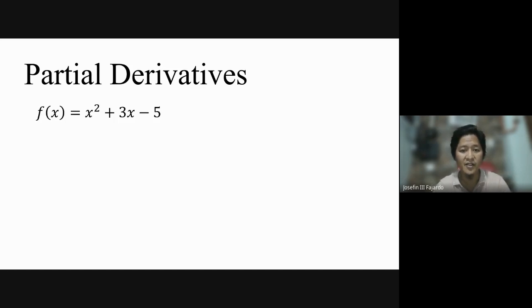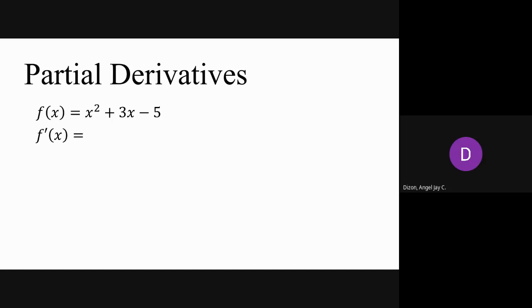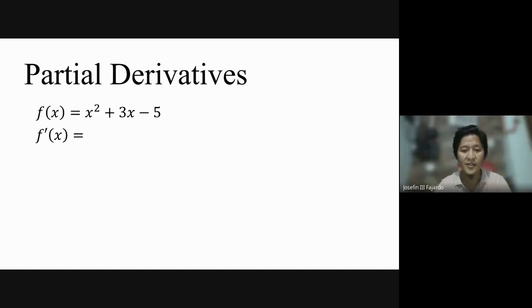Before, when we take the first derivative, notice the right side is in terms of x only. So this will just give you the derivative of x squared again, guys. Derivative of x squared. 2x. Okay, good that you still remember the derivative. So this will be 2x plus 3, right?